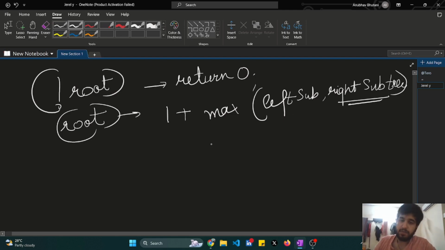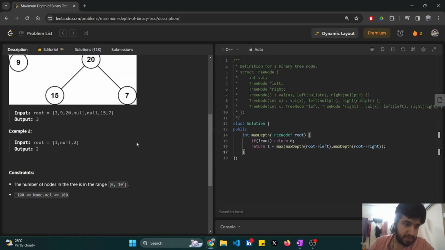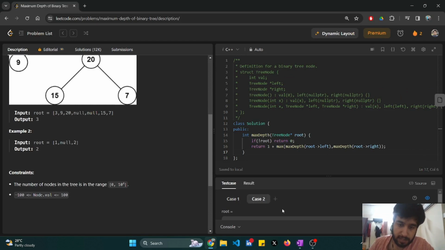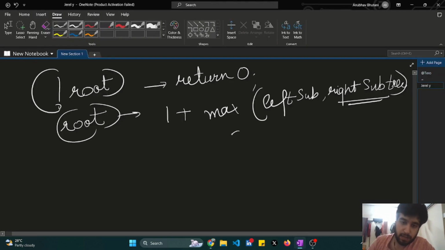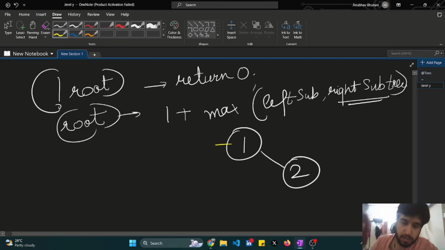Okay, if I try for my second test case, that is 1 null and 2, so 1 and 2. Basically for the root, plus 1 is reserved, and I'll see the max depth of the left and the right subtree.